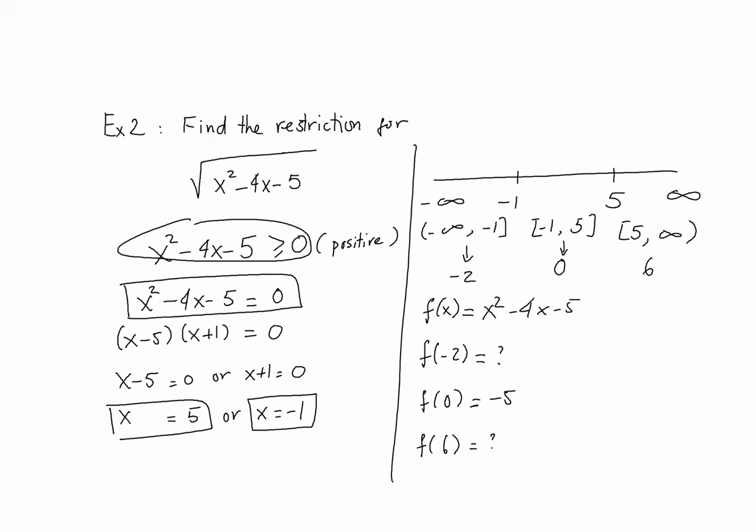Okay, after we plug this in a calculator, I have here's 7 and here's 7. Okay, so we see that as x equals -2, this expression is greater than or equal to 0.